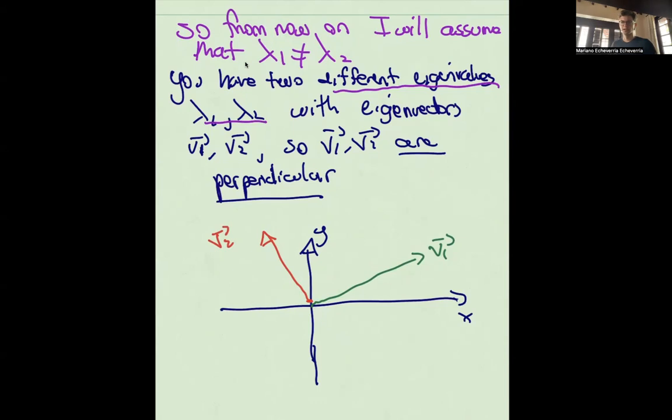Is that making sense? It could also look like this, but you can multiply eigenvectors by a number. If v is an eigenvector, 2v is an eigenvector, minus v is an eigenvector, so it's not too difficult to arrange it so that it looks like this.